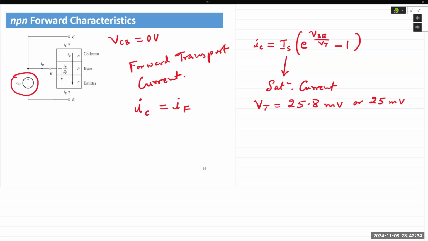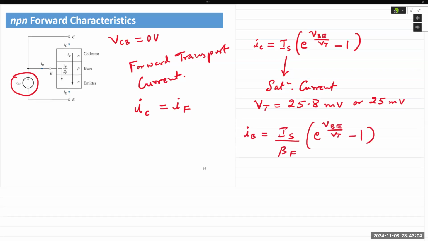And we can also write an equation for the base current as IB is equal to IS divided by beta F, then e raised to VBE over VT minus 1.